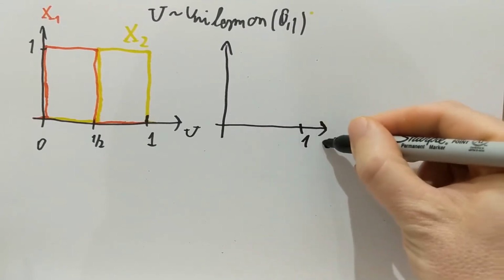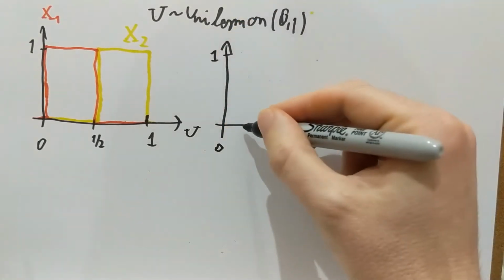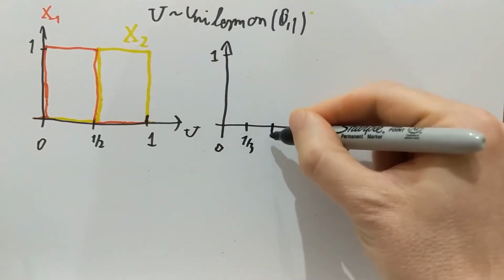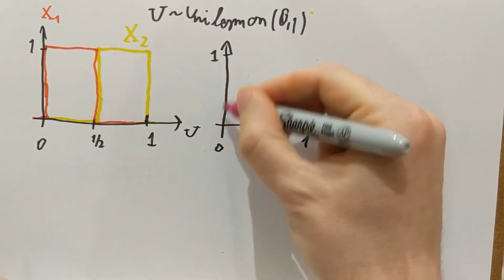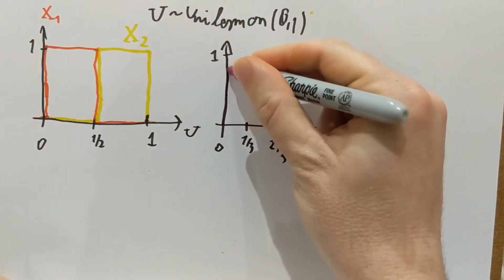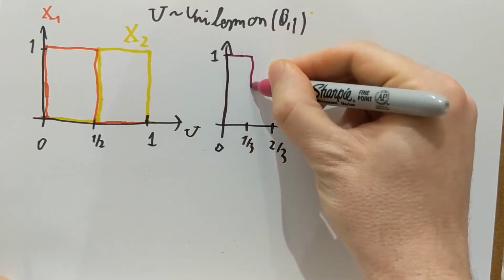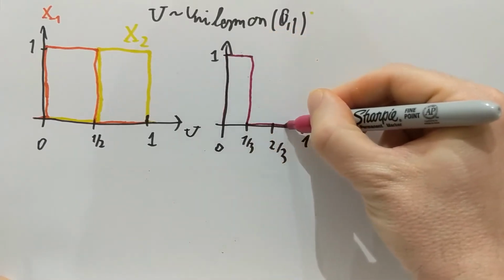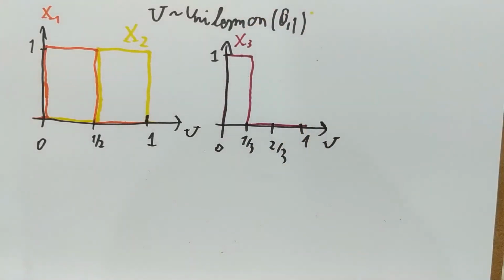Again, here is U, here is 0, and here is 1, and here are 1/3 and 2/3. I'm going to define X3 again as a function of U. It's going to be 1 when U is between 0 and 1/3, and it's going to be 0 elsewhere. So that's X3.